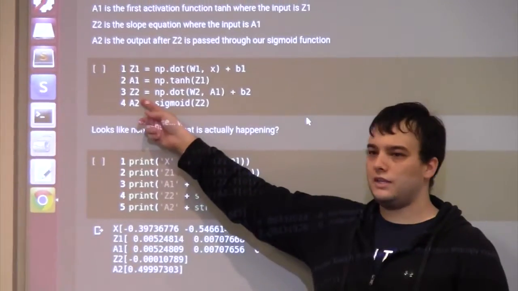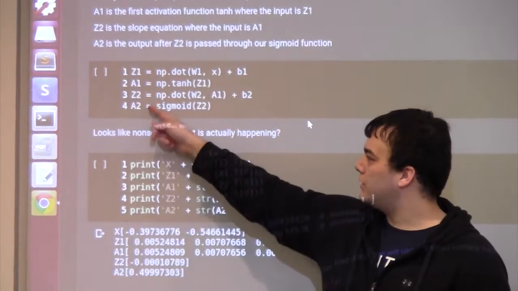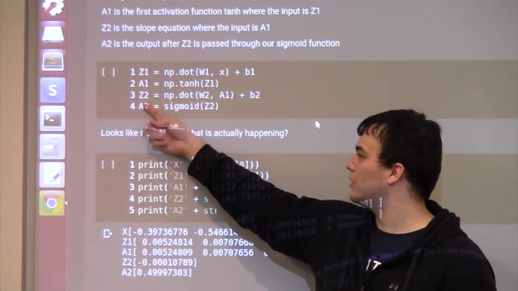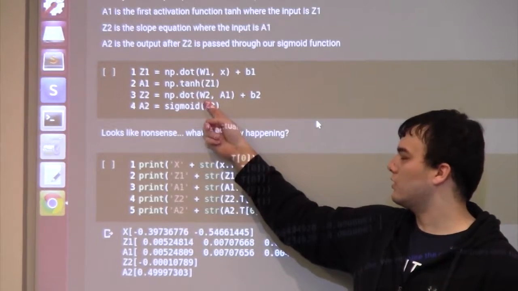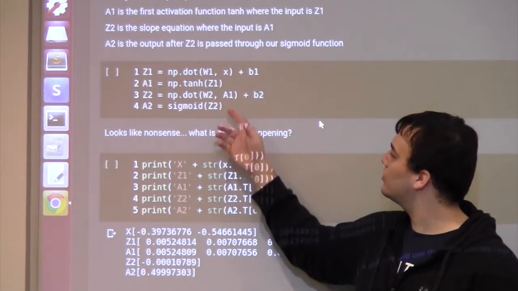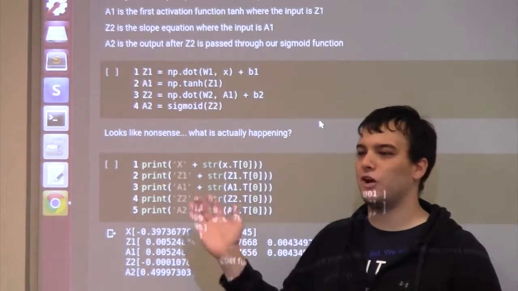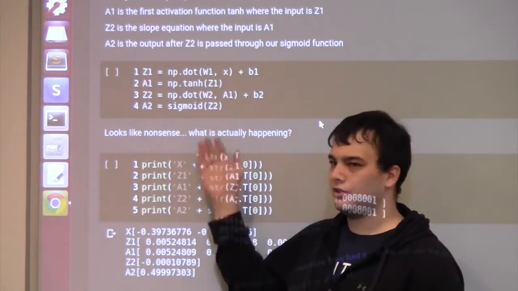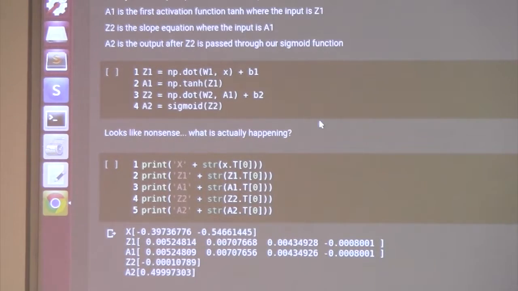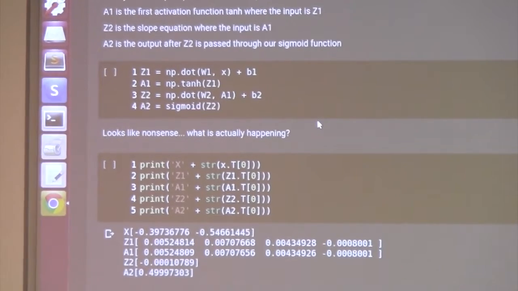We're going to pass the output of that through our W2, or to our Z2, so we're multiplying our second set of weights with our first output. And we're going to take the sigmoid of that in order to squish it between 0 and 1. Because in this case, we're trying to find a probability.